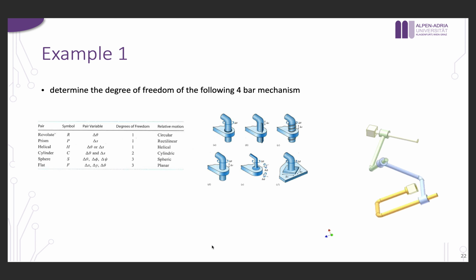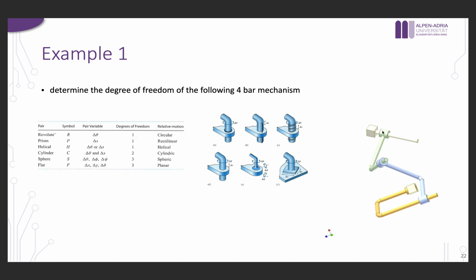So if we take this mechanism here, it's quite a strange mechanism, as you can imagine. We have a frame here and a frame here. The yellow link here is rotating around the frame 0.